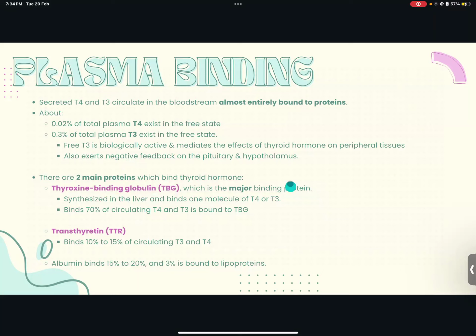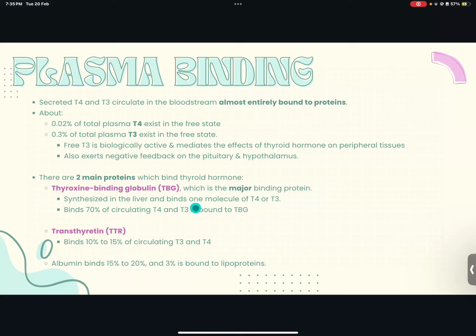TBG is the major binding protein, and it's made in the liver, and it binds one molecule of either T4 or T3, and it binds around 70% of the circulating T4 and T3. And transthyretin will bind around 10 to 15%. Albumin, which is another plasma protein synthesized in the liver, is going to bind 15 to 20%, and lipoproteins will bind another 3%.